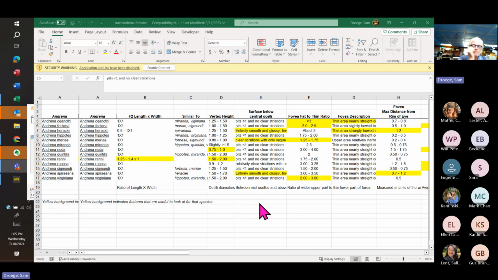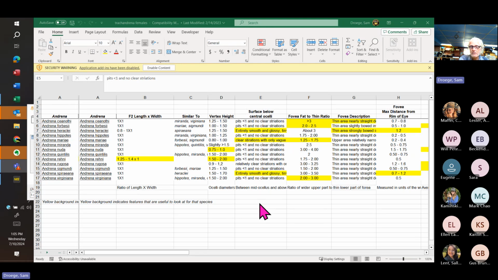To repeat what we mentioned last time, as a little bit of an overview, this Excel spreadsheet includes lots of differences between the species that are on the subtle end because it's a pretty subtle group.